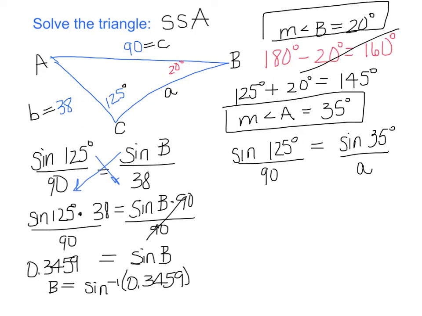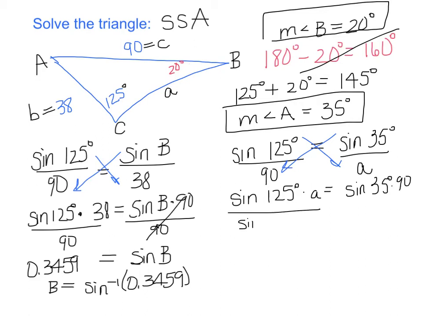And then you're going to cross multiply again. You'll get sine 125 times A equals sine 35 times 90. And you divide by sine 125. And put all of that in your calculator, which I'm doing now.